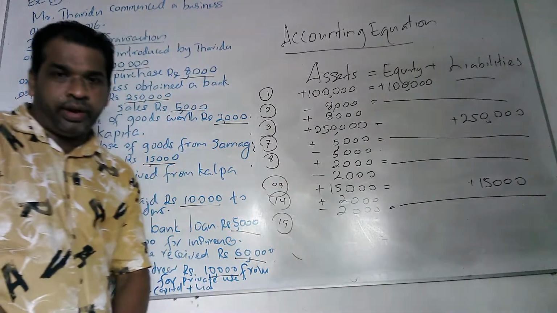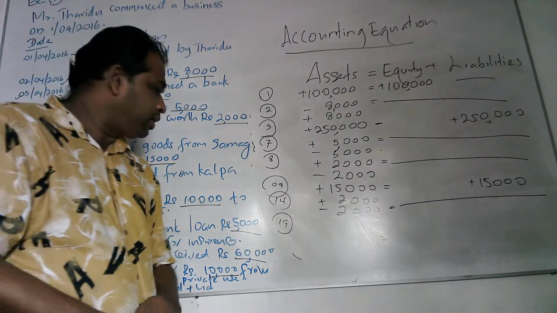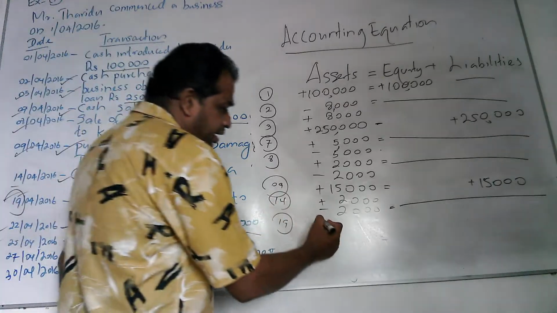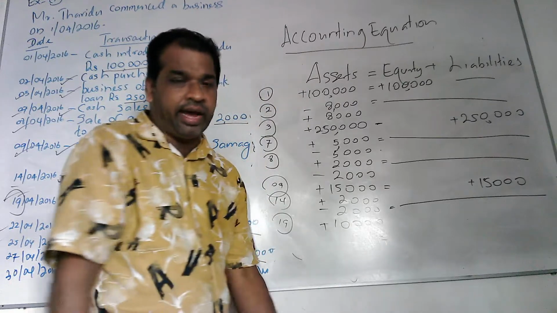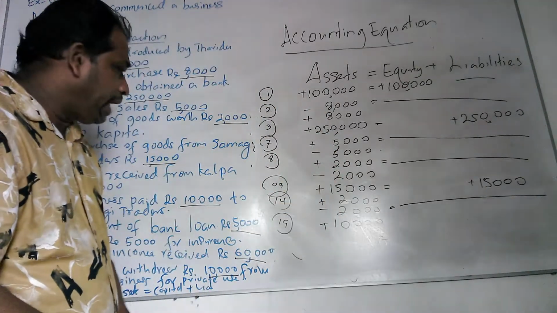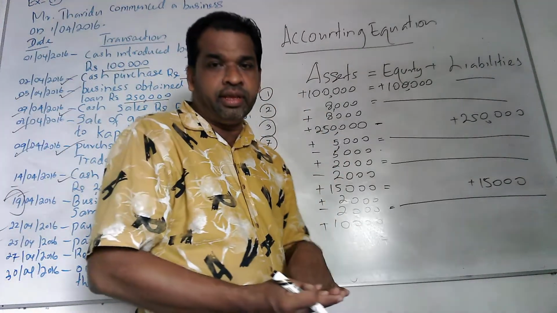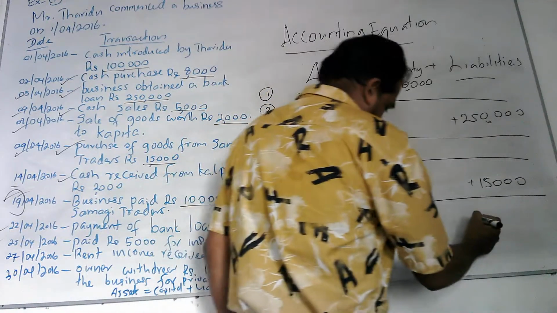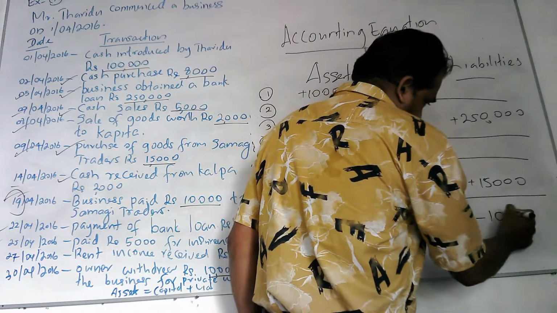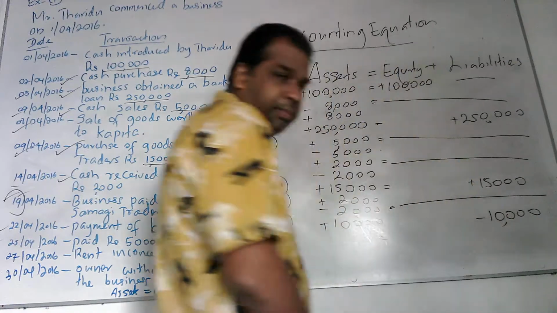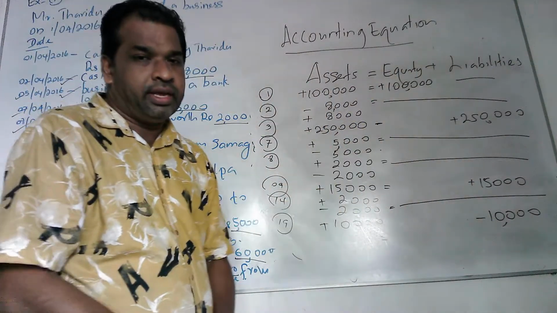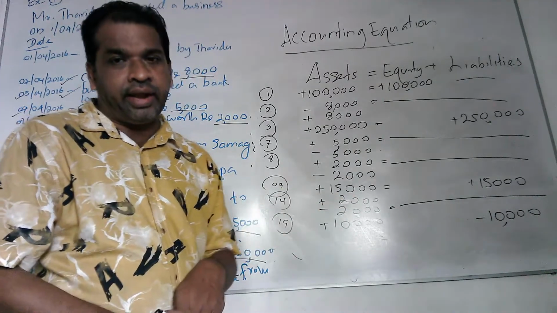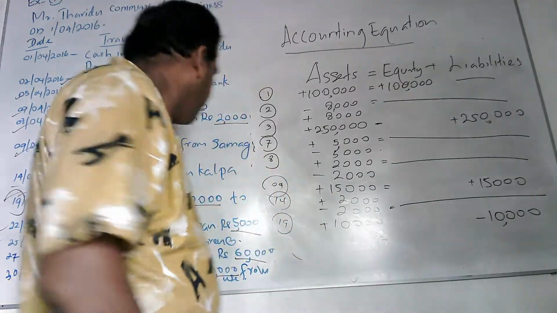When you settle a liability, money goes out, so there will be a decrease of 10,000 in cash. Cash comes under asset. When you pay money to settle a liability to a supplier, there will be a decrease in liability by that amount, 10,000. Right.